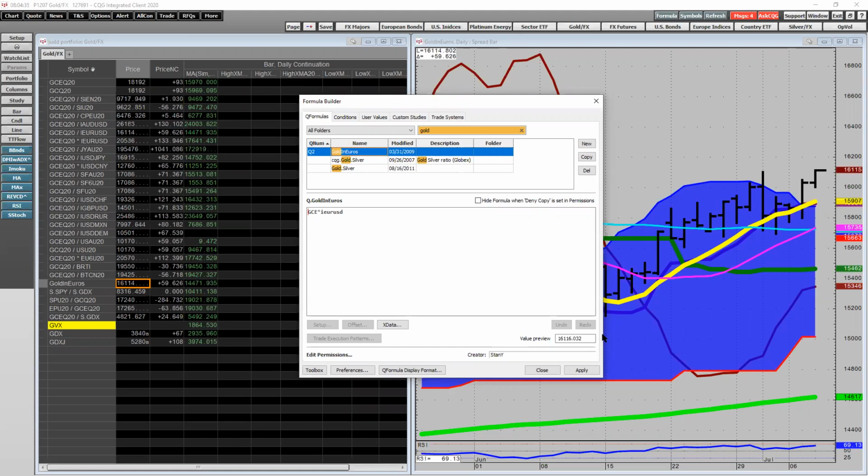That means we'd end up in dollars, which doesn't do us any good. So I typed it in small letters, and now I've reversed it to $1 is how many euros, and that gives us gold in euros. So whether we multiply or divide depends primarily on making sure that we end up in the currency that we desire.